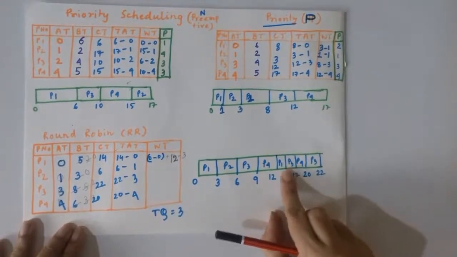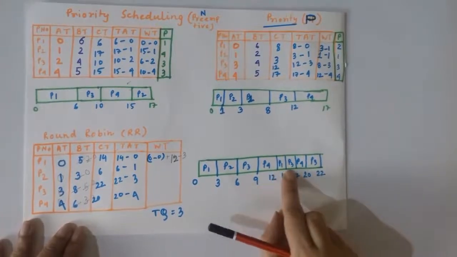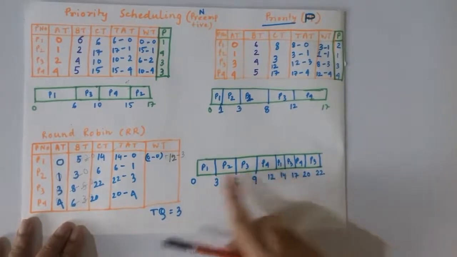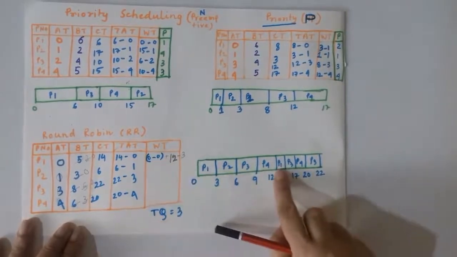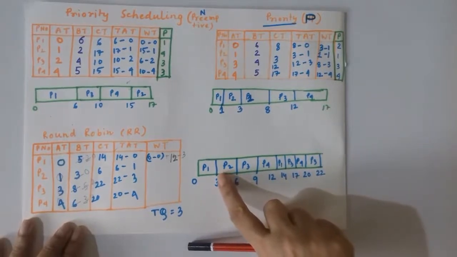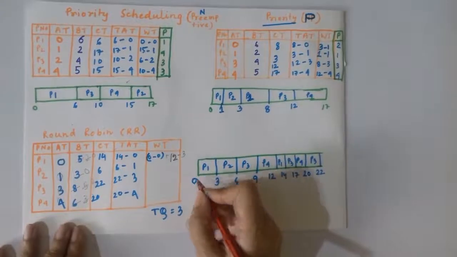At 14 it has finished execution. So we should take when it started execution, because this is execution time. From this backwards it is waiting time. We are calculating waiting time now. From here, up to that point it has not waited. So this is its waiting time.